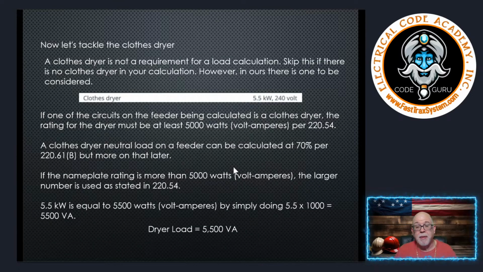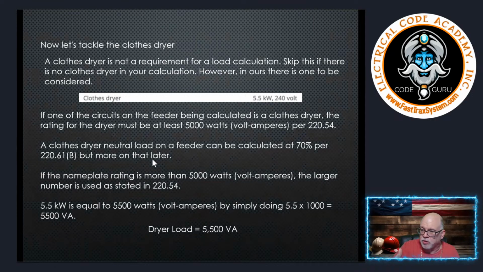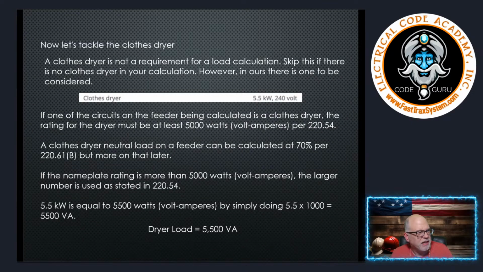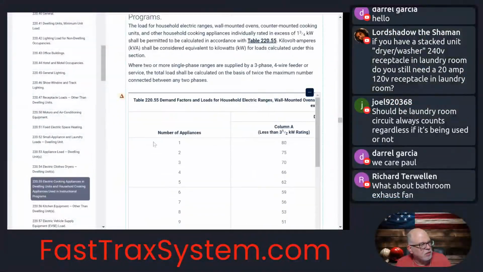Now, remember what we said about the neutral? Because we're here, might as well tackle it. The National Electrical Code allows me, under 220.61(B), to take the load that we just figured, which was 5,500, and take that at 70% to determine my neutral load. Now you say, well, where does it say that? Well, let's go to the code, and I'm going to show you in 220.61(B).